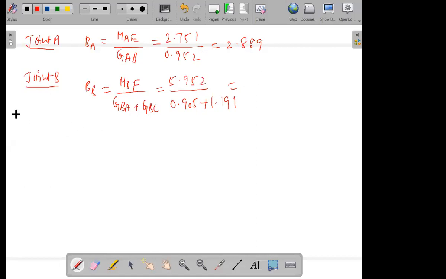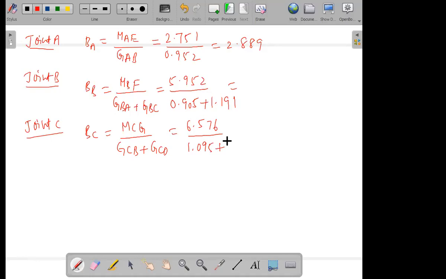Similarly, consider joint C. Here you will get bC. The MCG column is there. MCG moment divided by GCB plus GCD. So 6.576 divided by 1.095 plus 1.288.